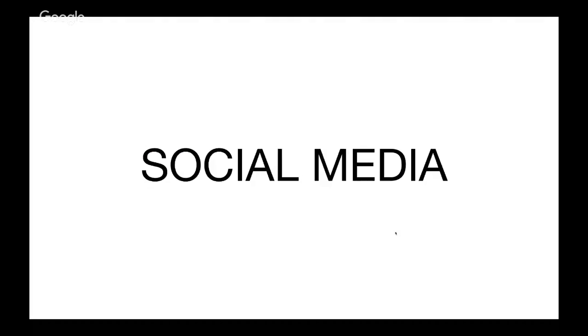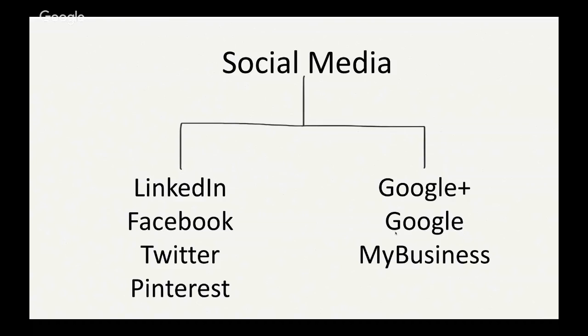Social media is broken down into 2 main categories. And again, we've got a very high-tech drawing here. On the left, you see LinkedIn, Facebook, Twitter, Pinterest, right? Those are your opportunities to have a discussion or to begin a relationship with another person.